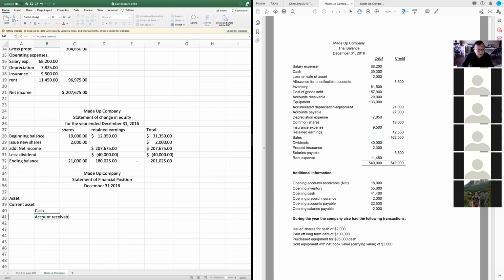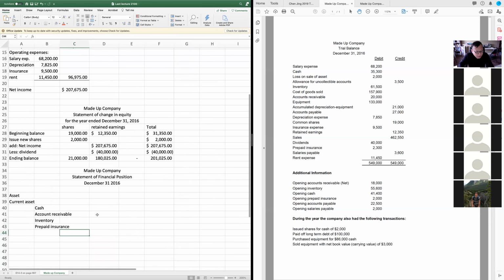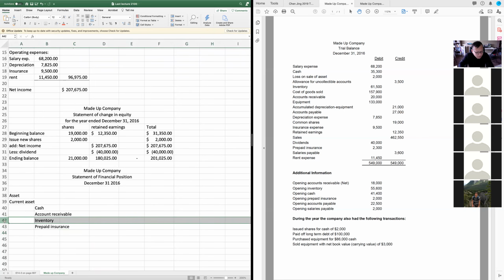And then you have inventory. Prepaid, prepaid insurance. Okay. So here, equipment. Okay, so that's then, okay, very good.